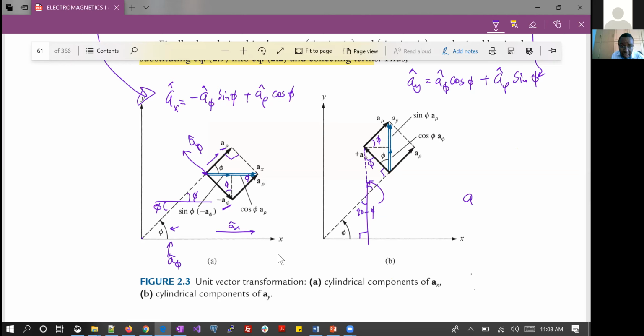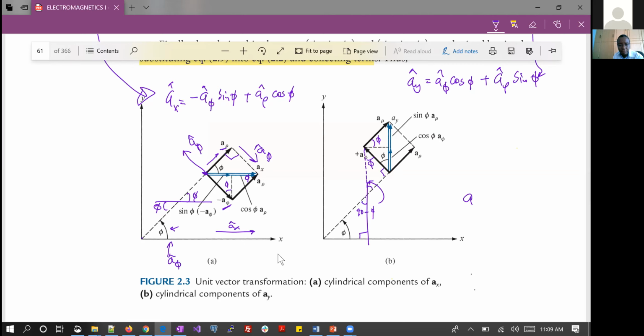We are saying that the unit vector AX is going to be the hypotenuse made by this vector A rho and this vector A phi, and you can see that A phi is in the opposite direction of its default one.